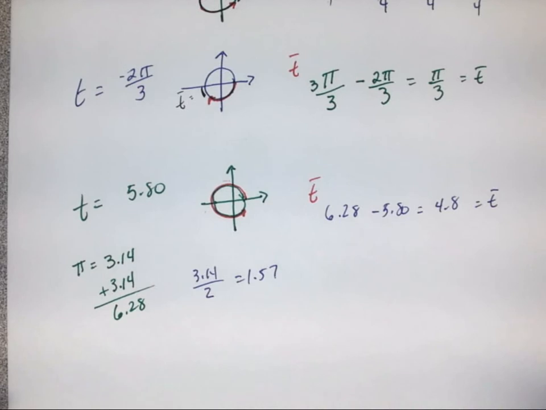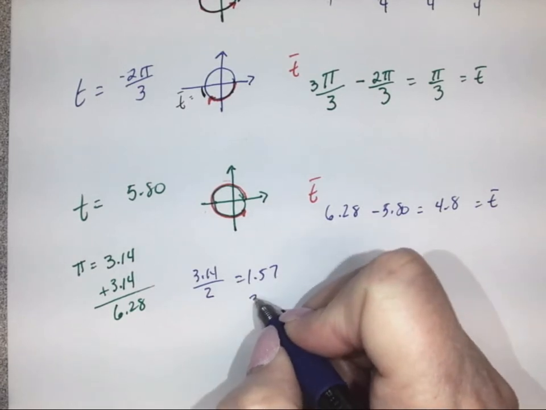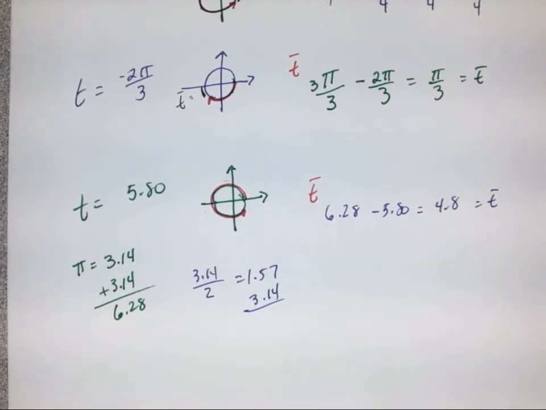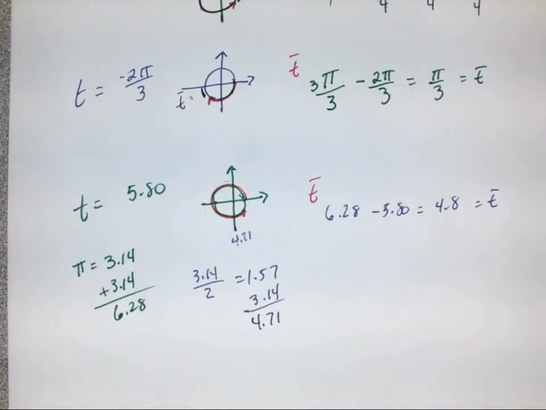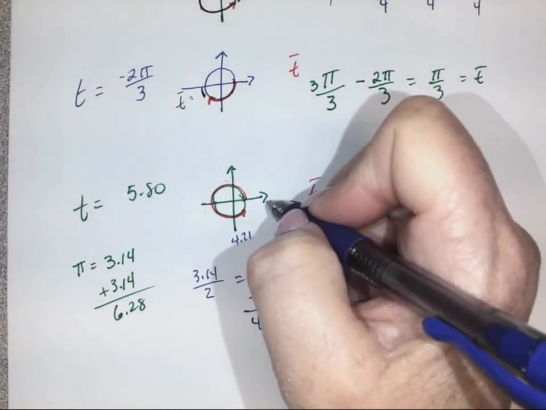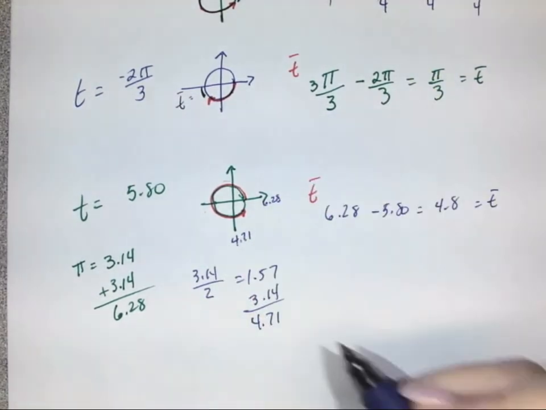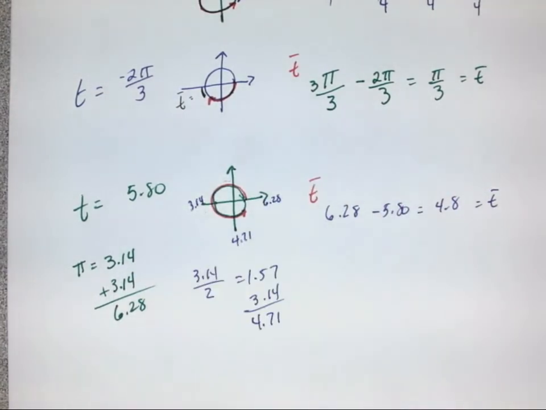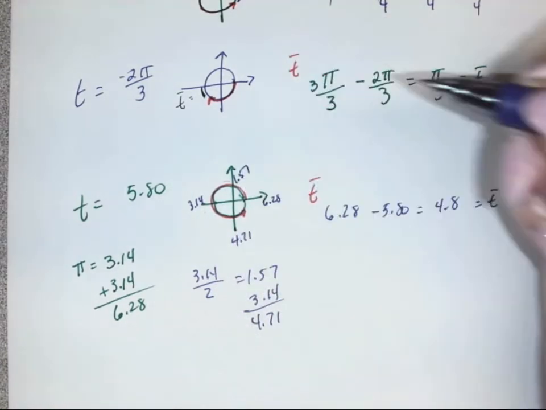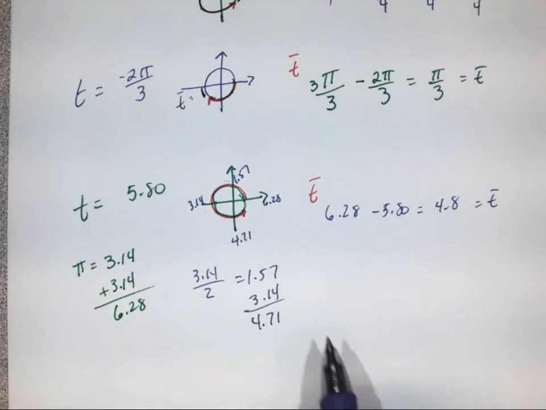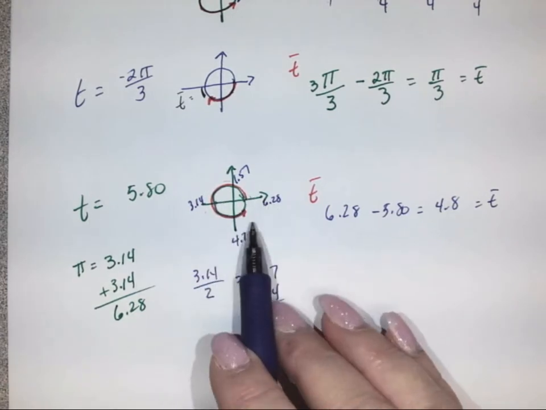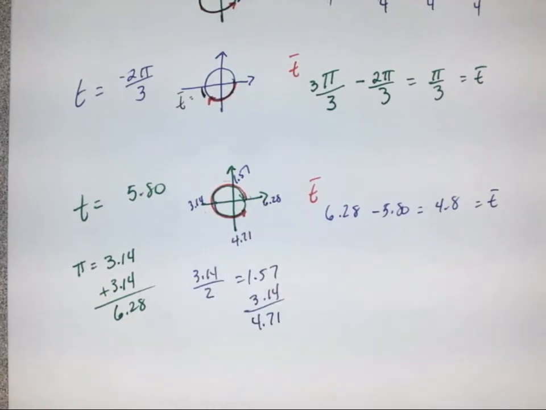And then we could add that to 3.14 and get 4.71. That way you can understand a little more clearly. This is 4.71. This would be 6.28. This is 3.14. And this would be 1.57. That's why we land over here with that 5.80, because as we cruise around, we're going to be somewhere between these two values here.